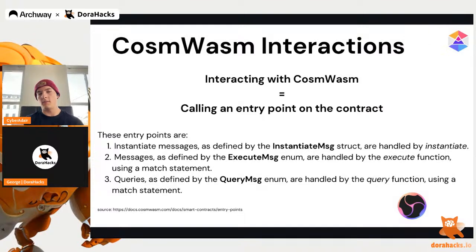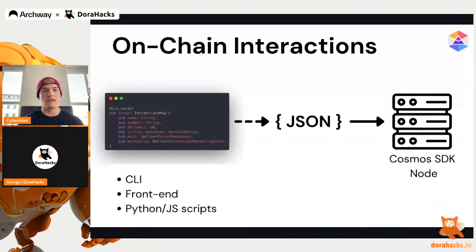And it's really important to note that you want to have your integrations as tightly integrated to your message definitions as possible. So the question stands, how do you generally interact with your contracts, either on chain, in a mock environment, or off chain?